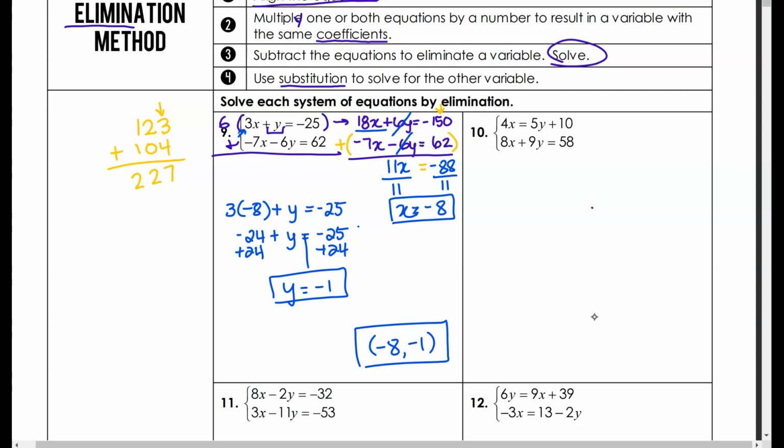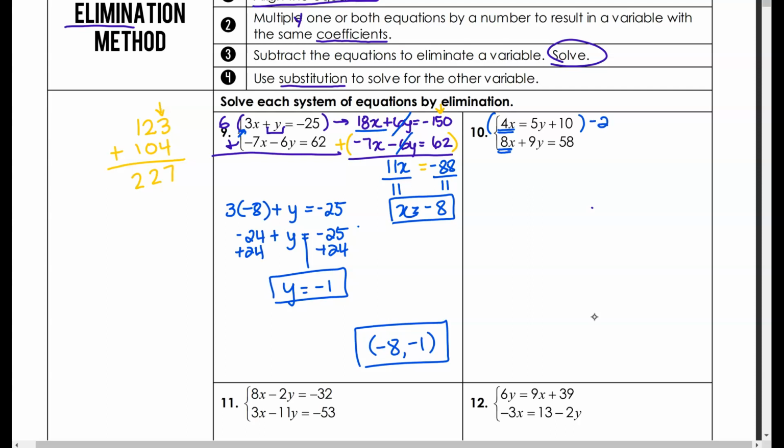All right, let's look at the next one, number 10. In number 10, I'm going to decide which one of these variables I want to eliminate. Notice how this is an 8, and notice how this is a 4. So if I take 4 and multiply it by 2, I'll get 8. So I'm going to take this first one and multiply it by negative 2.